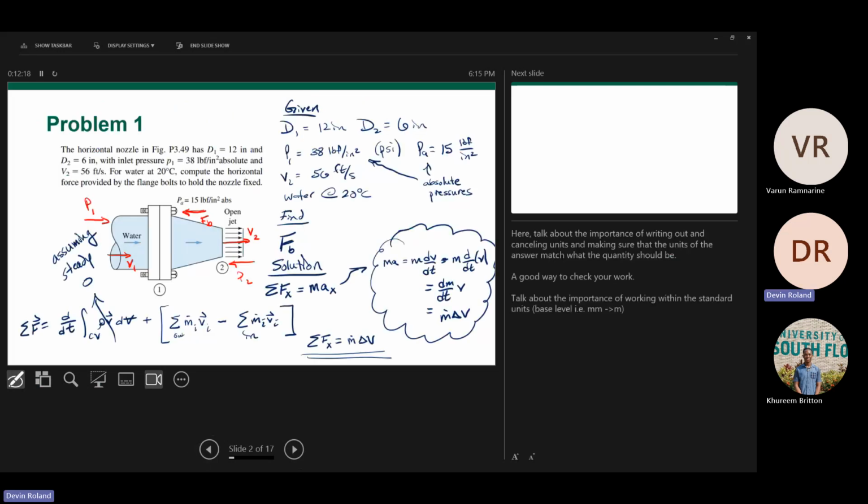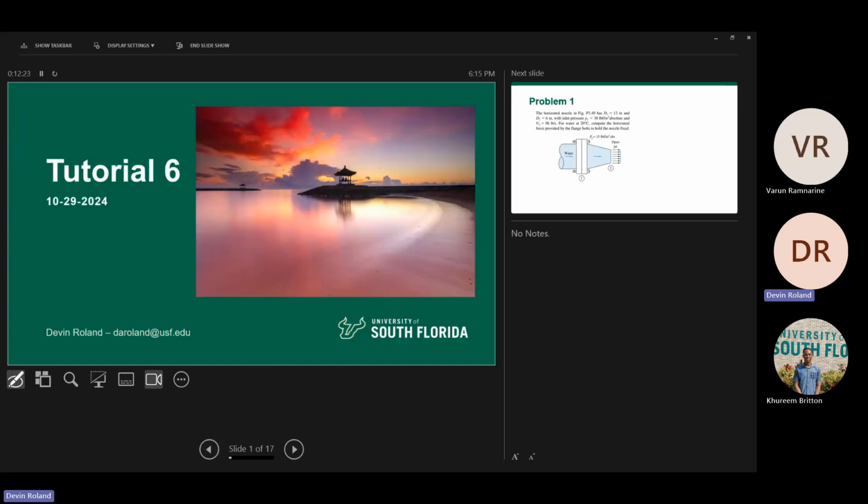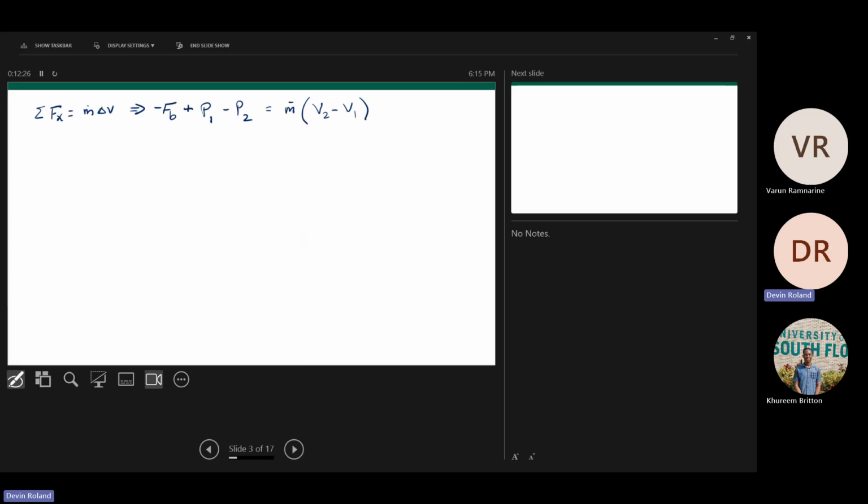If we look at this picture, both of our velocities are traveling in the positive direction. I think in the lecture he used U2 and U1 and then plugged in the V values, so I'll do it like that to be consistent. But because V2 and V1 are both positive values, this will be m dot times V2 minus V1.